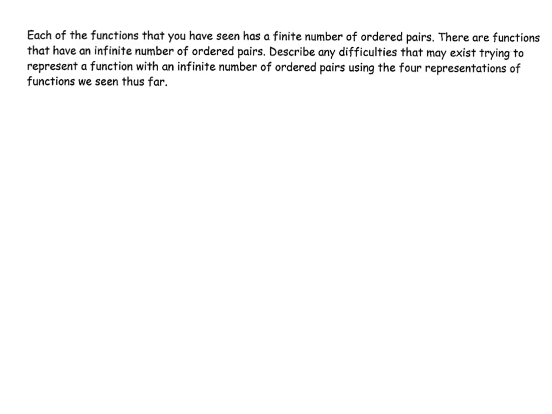So what's the difficulty with me asking you to write down on a T-chart, table of values, an infinite number of domains and ranges? It could be anything. You'd be doing it forever. There's too many numbers. So the difficulty is that we need just a specific amount, like 3 or 4 is plenty, because otherwise you're going to be sitting writing all day.